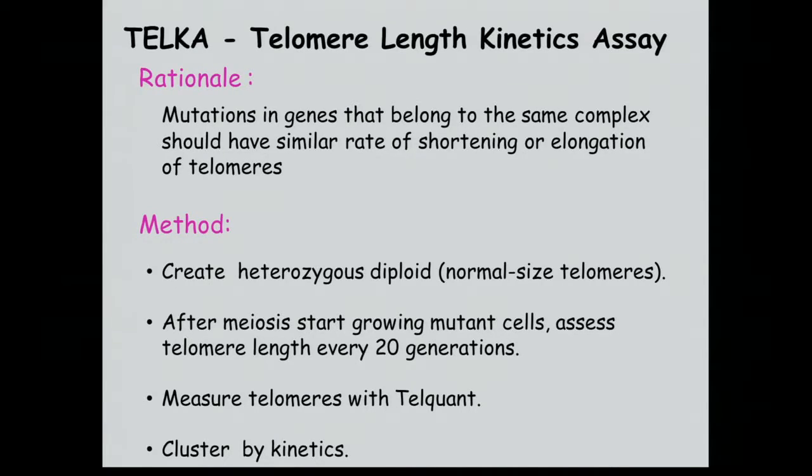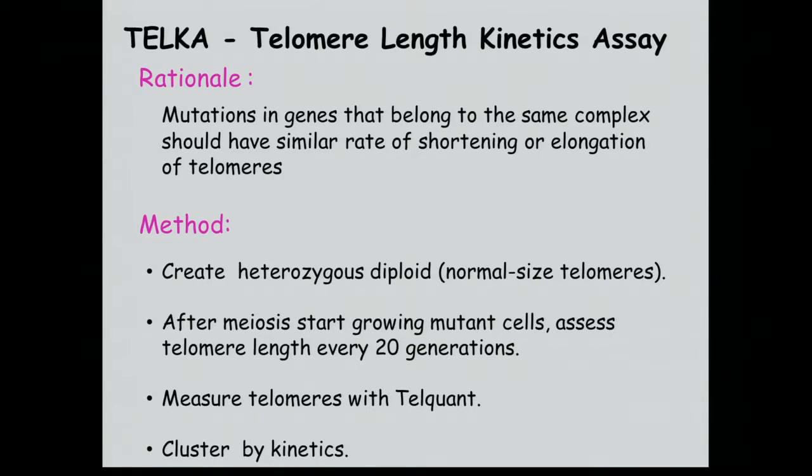The basic idea is that if there are genes that work together in a certain pathway, you expect that the kinetics of shortening or the kinetics of elongating should be similar in the mutants of the same pathway.